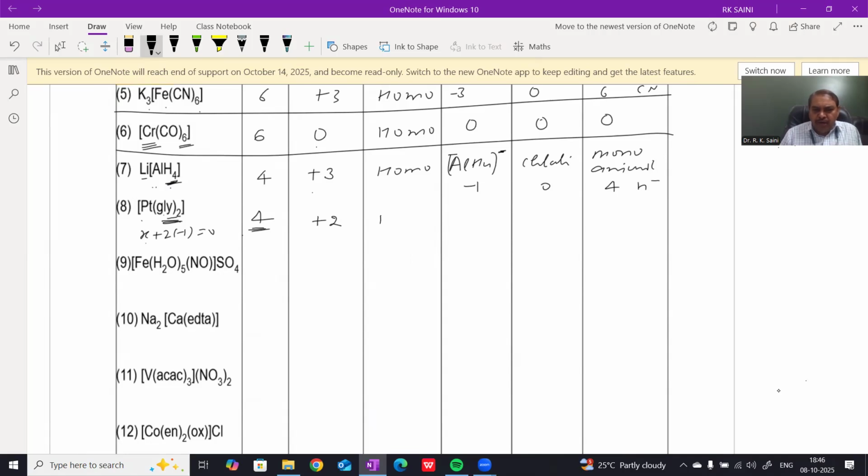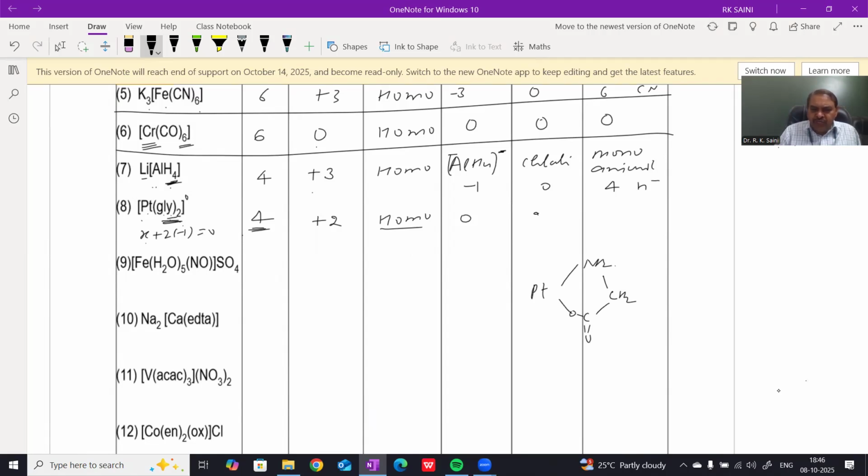It is also homoleptic because all ligands are the same type, one kind, glycinate. Charge on the coordination sphere is 0 because platinum is +2 and glycinate is -2 net. Therefore, charge on the coordination sphere is 0. Chelating ring: one glycinate is a bidentate ligand and makes one ring.